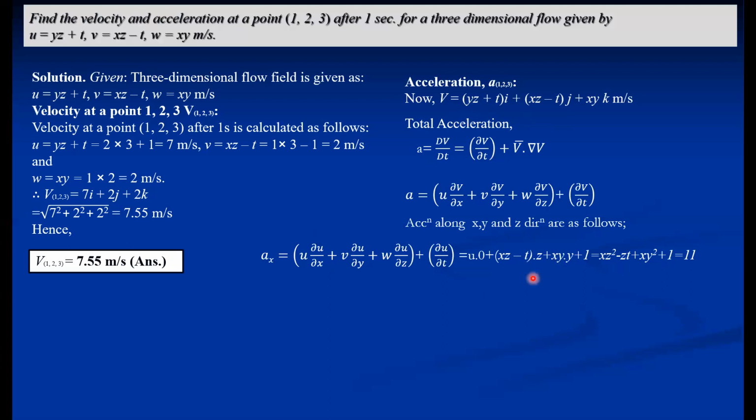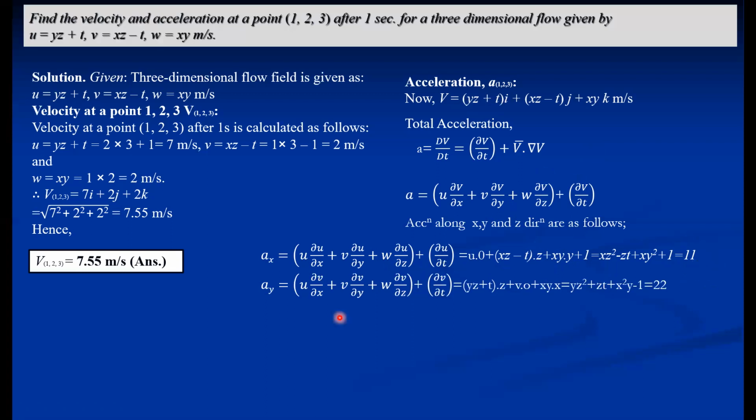Differentiating u with respect to z gives y, multiplied by the w component, xy. So xy into y, plus del u by del t, which is 1. So by putting all the coordinates, we get the value of ax.